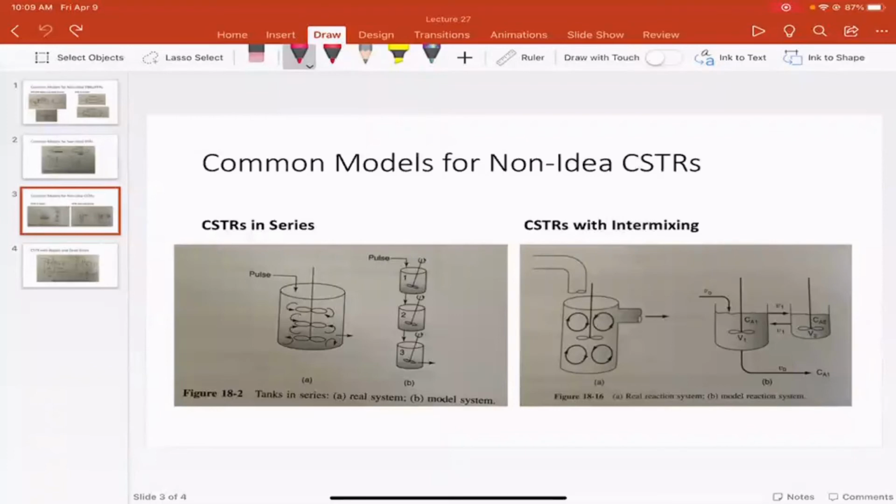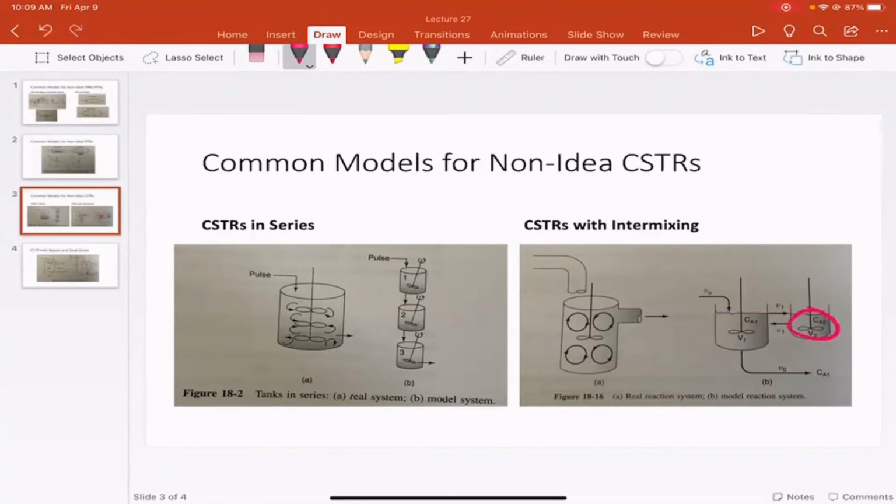And then you also could have intermixing, which really just means that instead of the inlet being homogeneously mixed immediately, it was the purple line that I showed just a minute ago, where some of the stuff stays in the reactor a little bit longer. And that stuff also takes up some amount of the reactor volume. Well, that could be modeled by a CSTR in parallel with another CSTR, where some portion of the volumetric flow rate is intermixed, right?